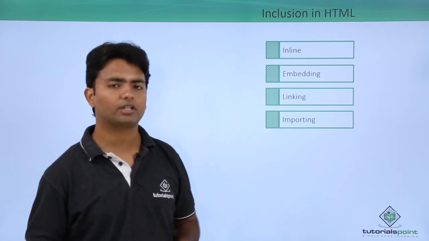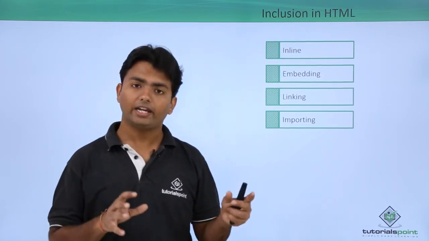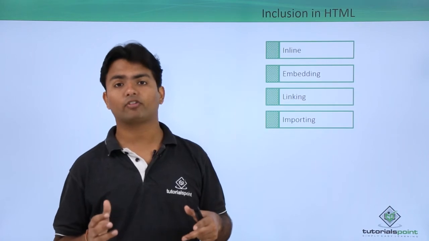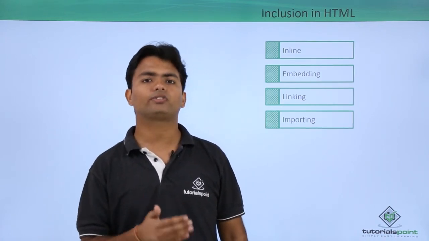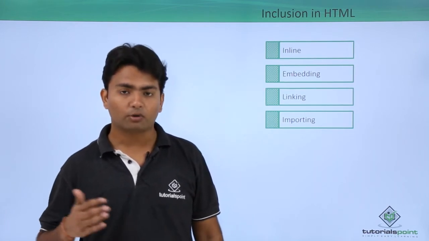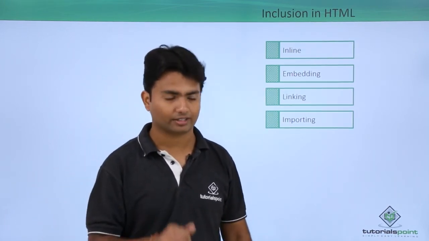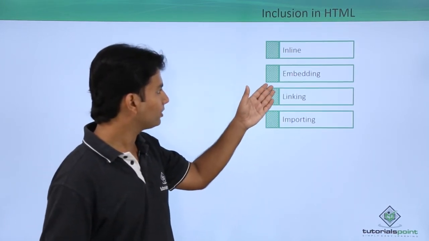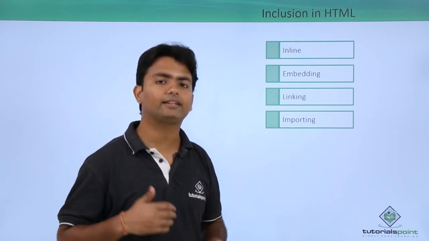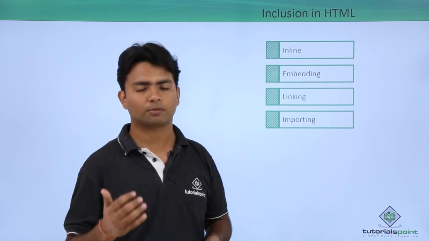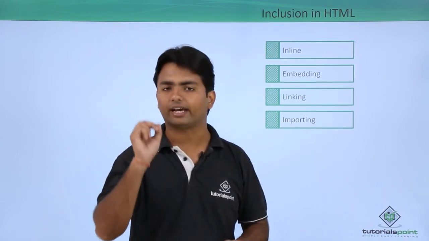Inline style sheet is something where you will write any HTML tag and right after that you will use the style attribute, and inside that you will start writing all the style rules in the CSS syntax. Embedding is something where you will write the CSS code inside the header section of the HTML document inside the style tag.